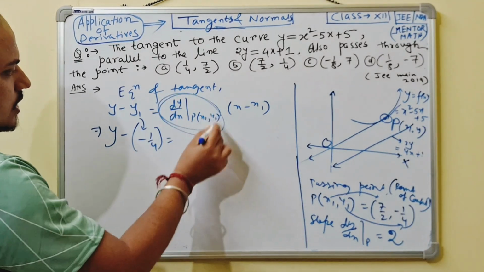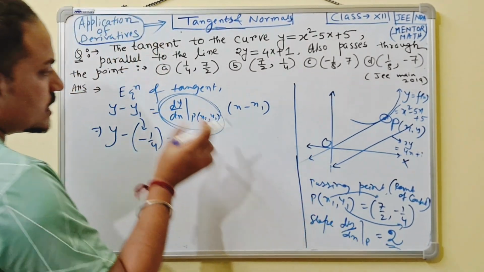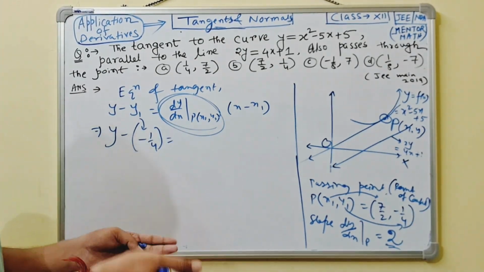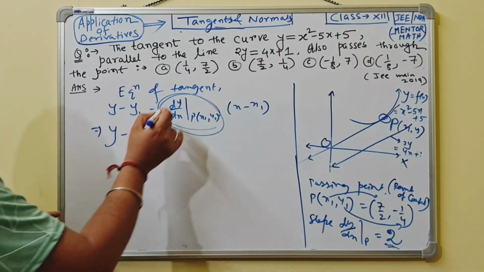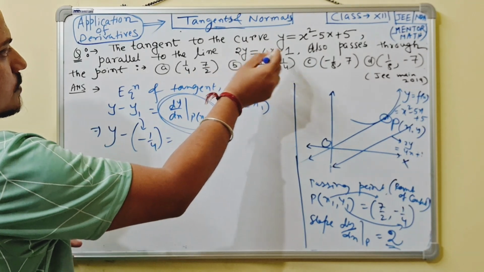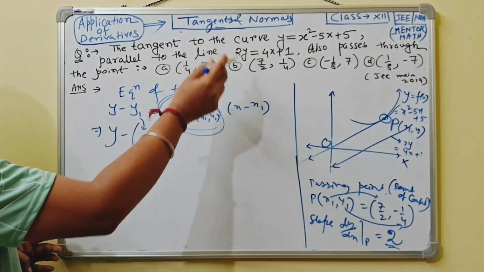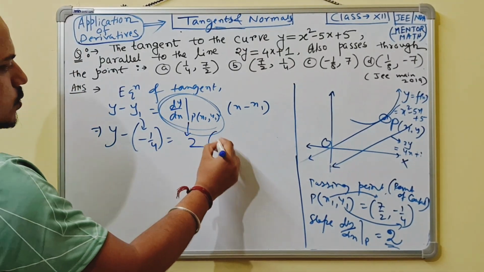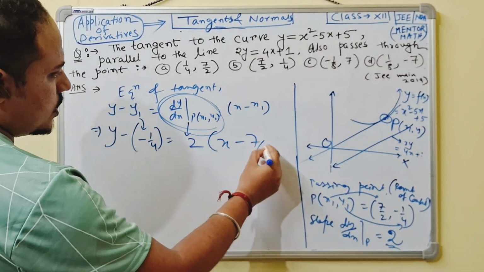That slope of tangent, already you know that value 2, because this tangent line and the given line are parallel to each other, so their slopes are equal. So also this 2y equals 4x plus 1 gives the slope equal to 2. That means slope of tangent also gives 2. So you can represent that by 2 into x minus x1, that is 7 by 2.